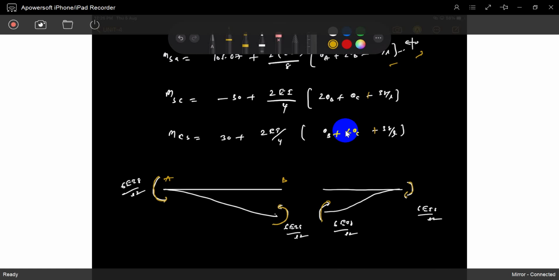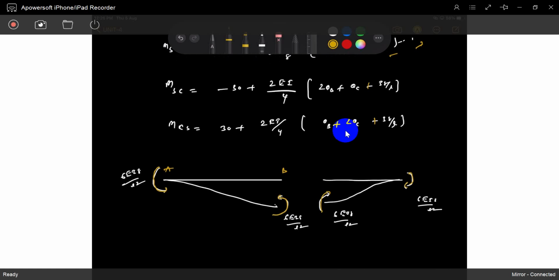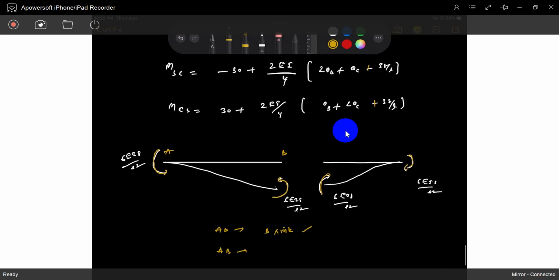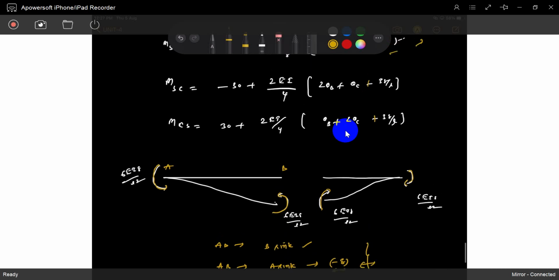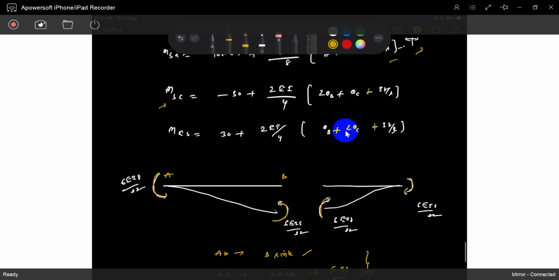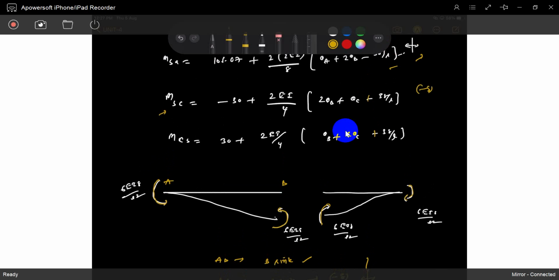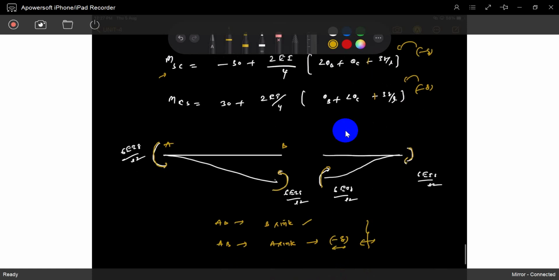Otherwise, one thing you can do: for the AB span, if A sinks, you will get minus delta by L. You can write like this. For the BC span, B sinks, that's why you have to take minus delta. If you remember like this, okay, no problem.